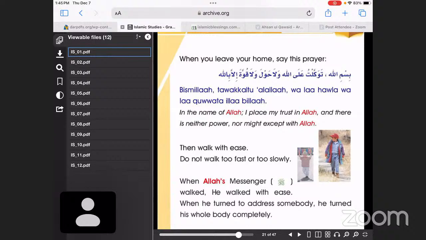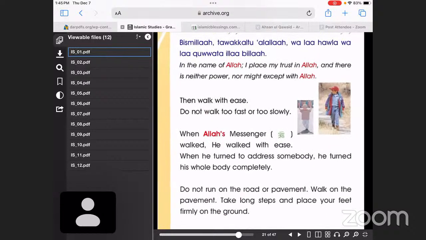Then walk with ease. Do not walk too fast or too slowly. Allah's Messenger walked with ease. When he turned to address somebody, he turned his body completely. Okay, Naila, you stop. Awais, you start reading.